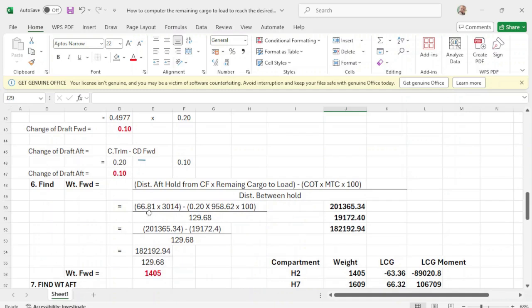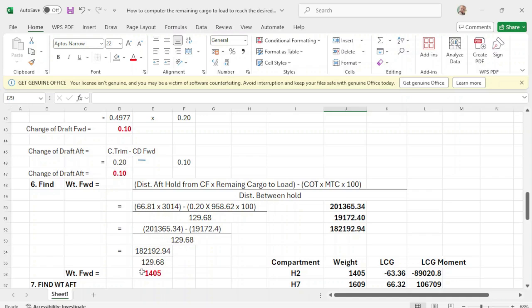So the distance from the center of flotation is 66.81 times 3014. That will be 200,366.34, which is this one, and this 0.20 times 958.62 times 100, that will be 19172.40, which is this one, over your distance between holds of 129.68.